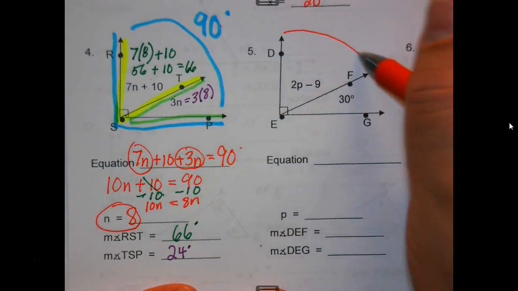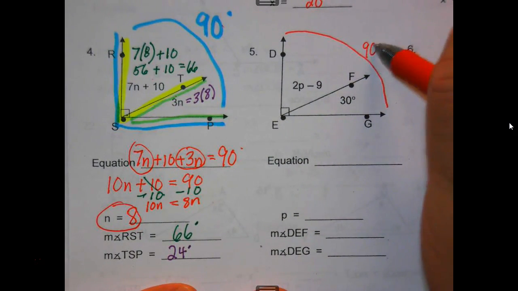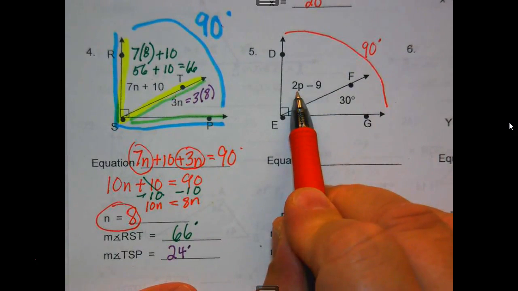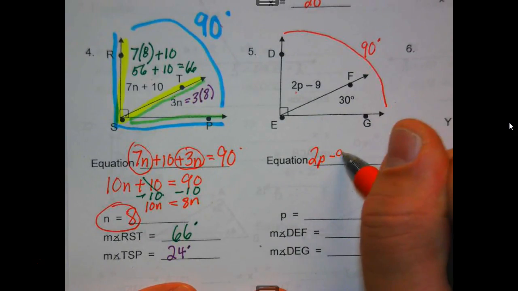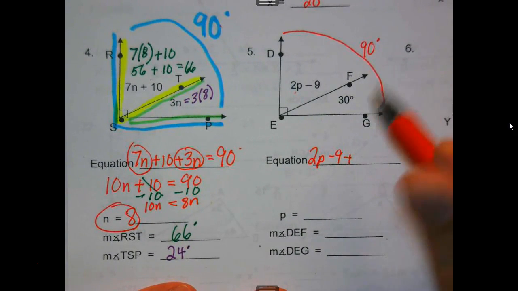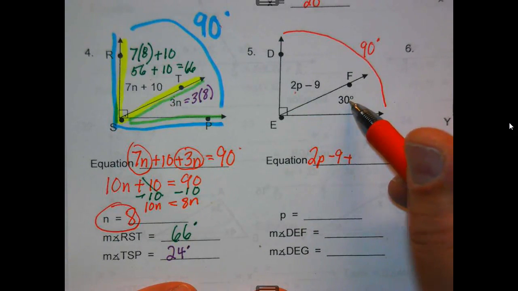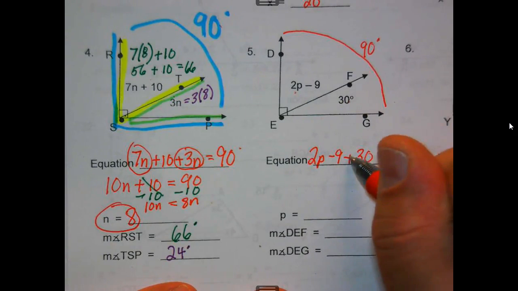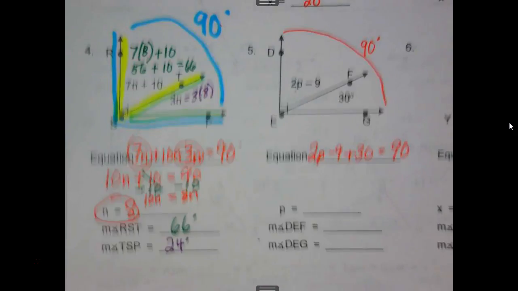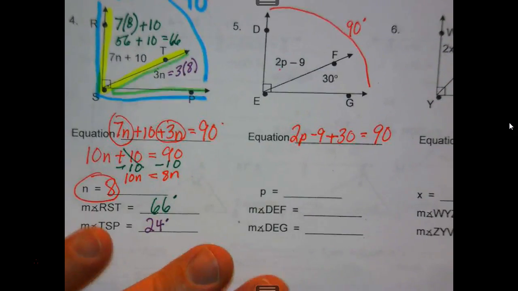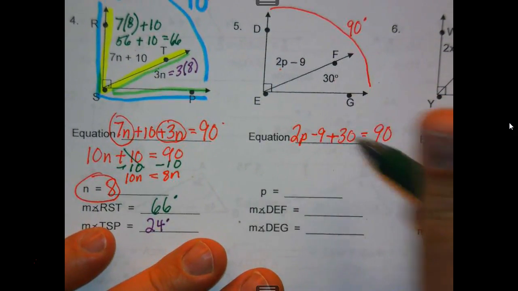Again, this whole angle is 90 degrees. So I'm going to add 2p minus 9 plus, watch the language, plus 30 degrees has to equal 90. Solve for p. Okay, let's combine like terms.